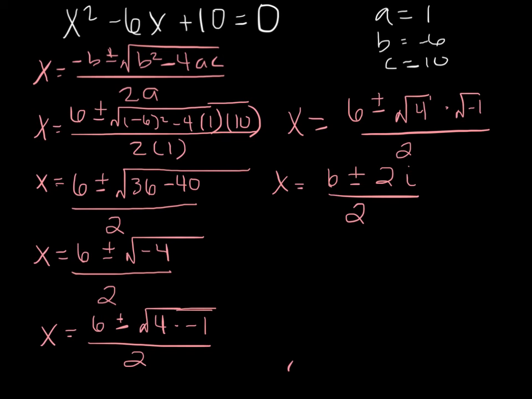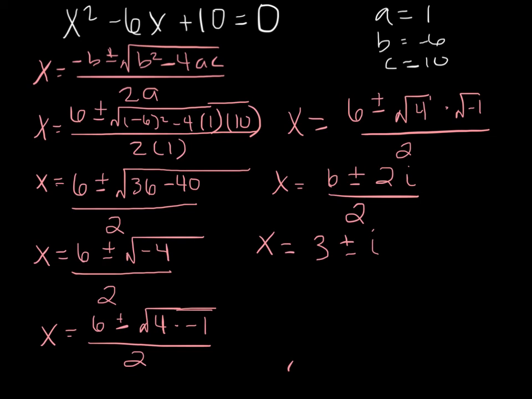Okay, so now we can break this apart. Or, well, we could simplify a little bit more first. Let's do that first. Just like when we solve equations and we have to divide, we're dividing everything in our numerator by our denominator. So the 6 is being divided by 2 and the 2i is being divided by 2. So we can take 6 divided by 2 and you get 3 plus or minus. 2 divided by 2 is 1, so you're just left with an i.